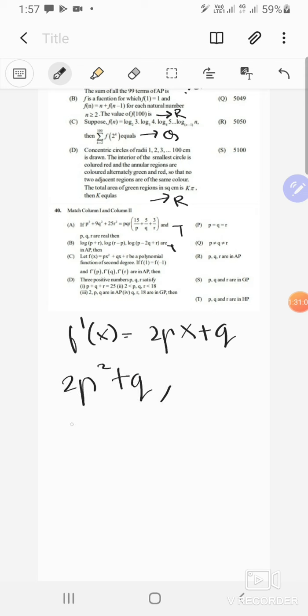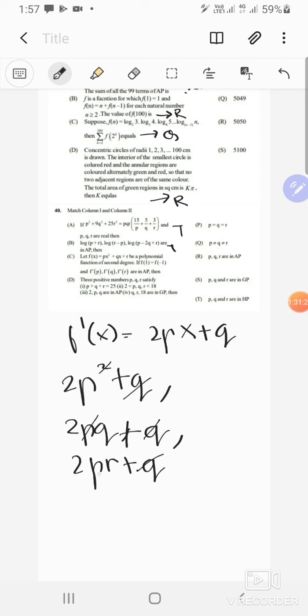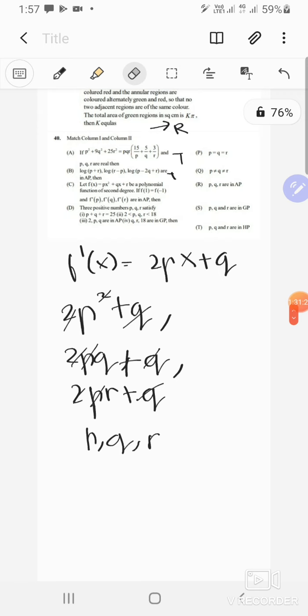When you put q in there, you get 2pq plus q. When you put r in there, you get 2pr plus q. These are in AP, which means that p, q, r must also be an AP. That's nice.